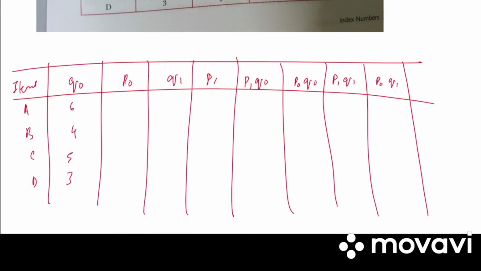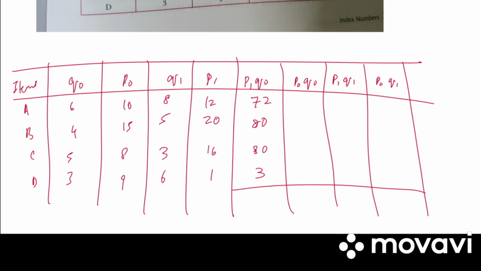6, 4, 5, 3, 10, 15, 8, 9, 8, 5, 3, 6, 12, 20, 16, 1. So P1 into Q0: 12 × 6 is 72, 24 × 4 is 96, 16 × 5 is 80, 3 × 1 is 3. Next P0 Q0: 6 × 10 is 60, 15 × 4 is 60, 8 × 5 is 40, 9 × 3 is 27.